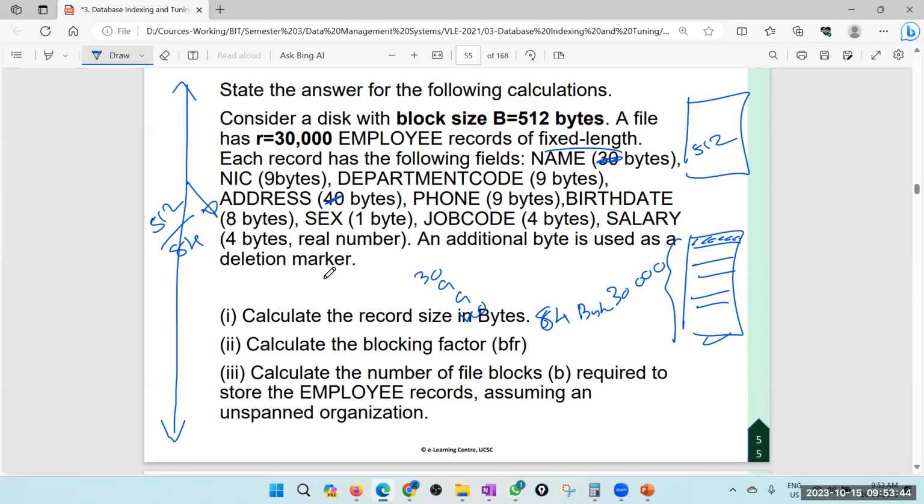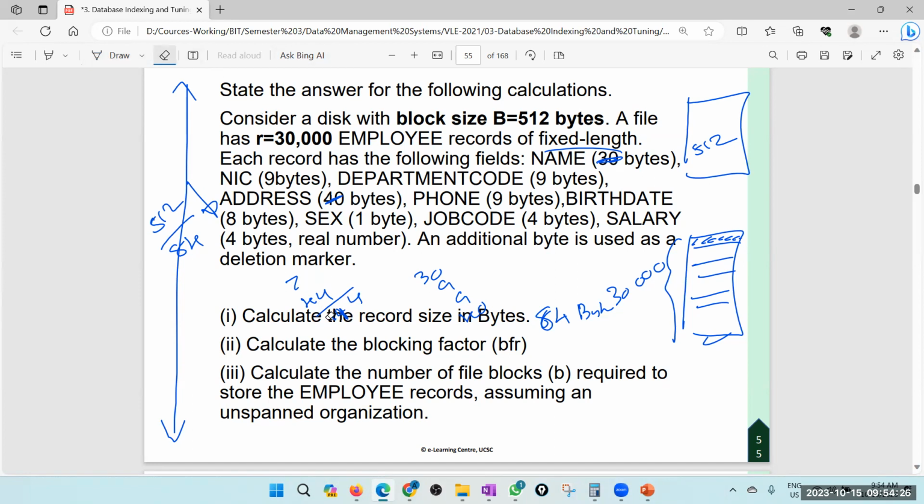So that is 70. Then we have 9, 9, 9, 27, and another 9. 36, 40, 44. 44, right? Yeah, 114.